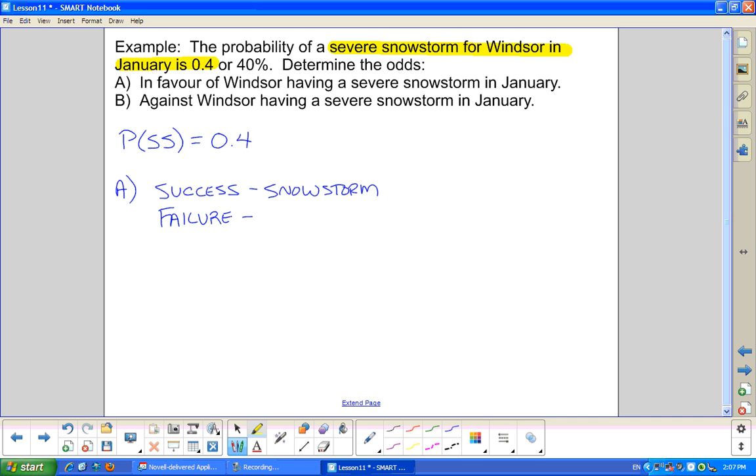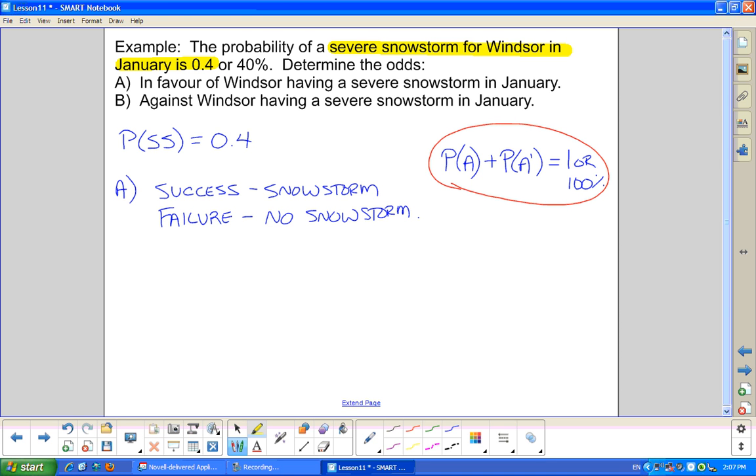Failure here is no snowstorm. And you need to remember from an earlier note that the probability of success plus the probability of failure has to equal 1 or 100%. You can't have a sum greater than 1 or 100% in terms of probability.